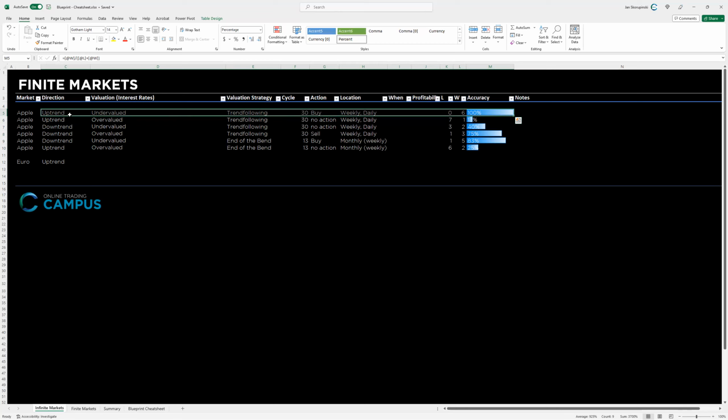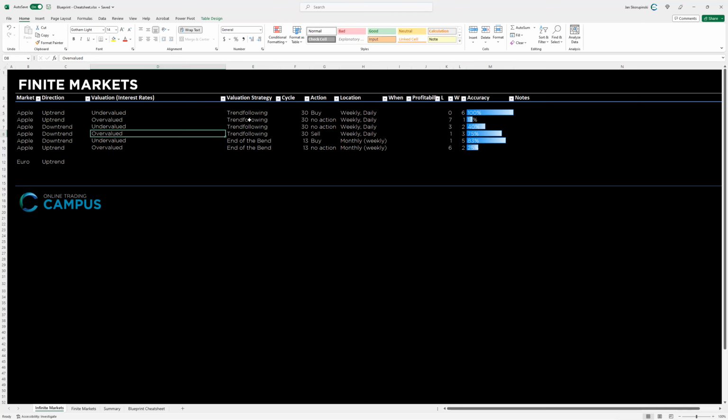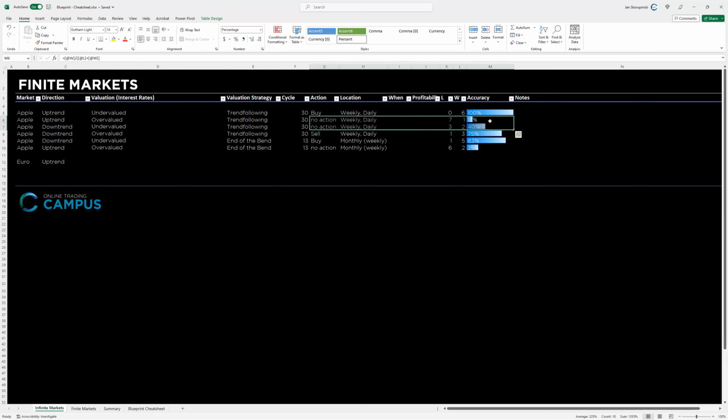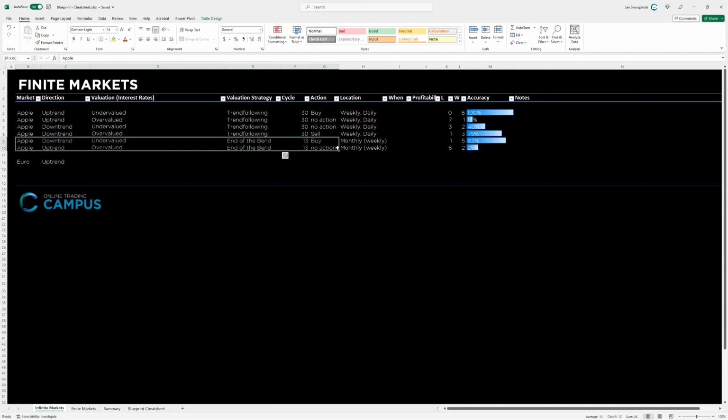So we buy undervalued with an uptrend, high accuracy. We sell overvalued with the downtrend, high accuracy. If we apply it against the context, low accuracy. What would we rather do? Well, no action if we don't have a clear trend, and we apply the trend following rule if we have a clear trend. The end of the band is something that we only do for stocks and bonds.